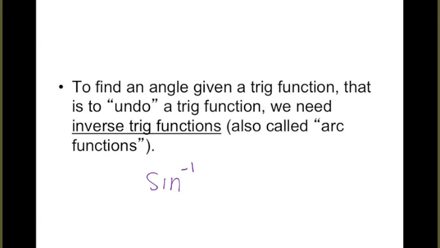It doesn't mean a negative power. It means an inverse. So when we see something like this, what this is asking us is what angle had a sine of a half. We're trying to work our way back to that angle. So when you see this notation, it's asking us for an angle.